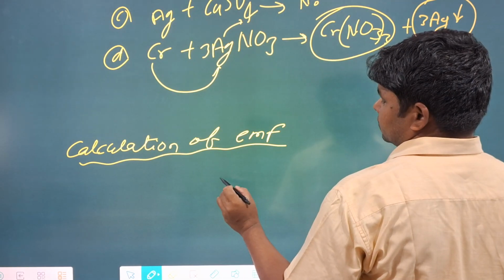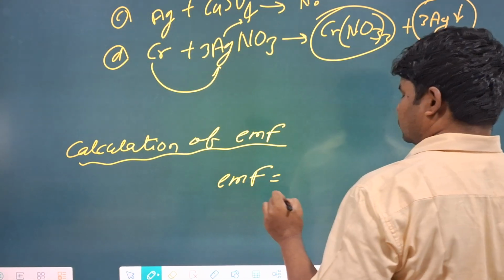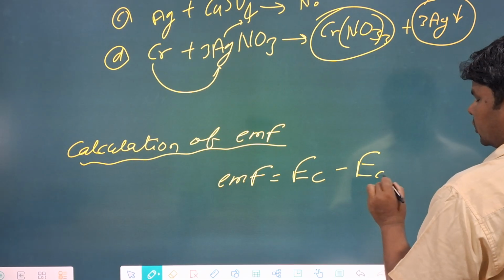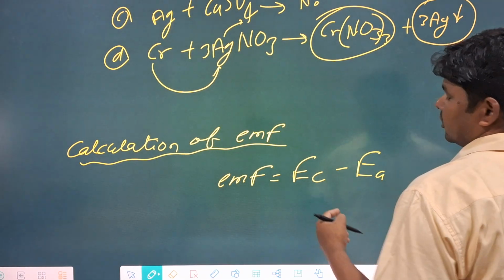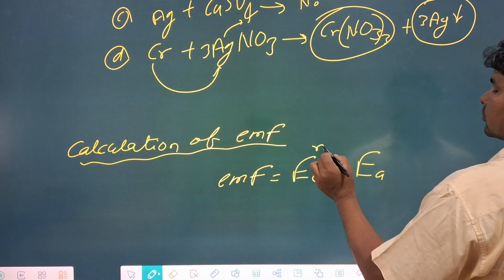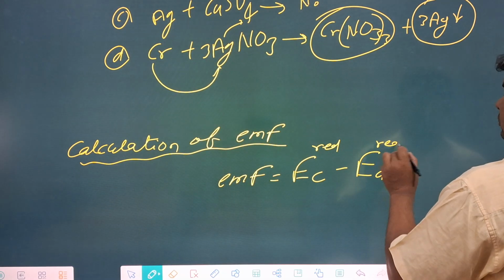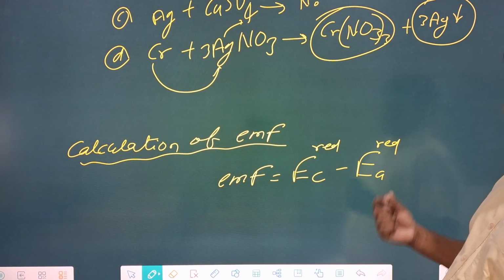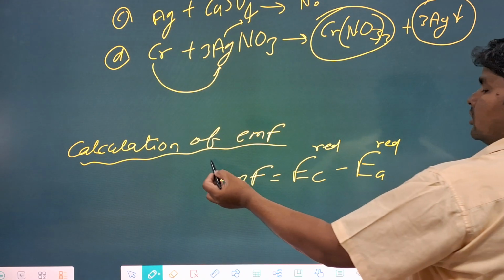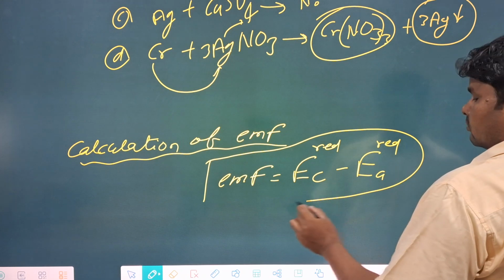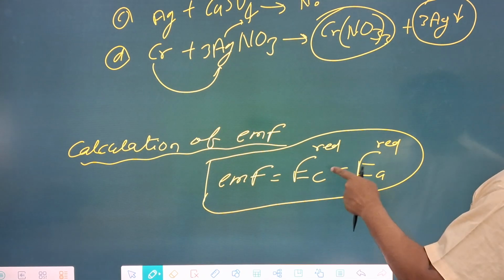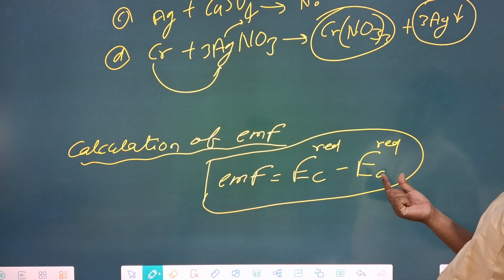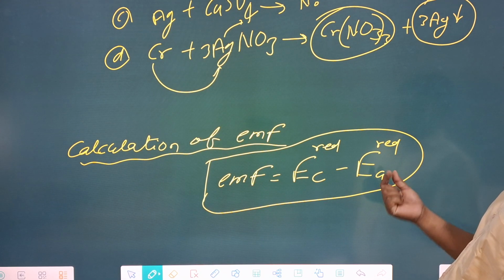Then the formula becomes EMF equal to E cathode minus E anode if the value of standard reduction potential is given. If the value of standard reduction potential is given, then we can calculate the electromotive force by the difference of standard electrode potential of cathode and standard electrode potential of anode.